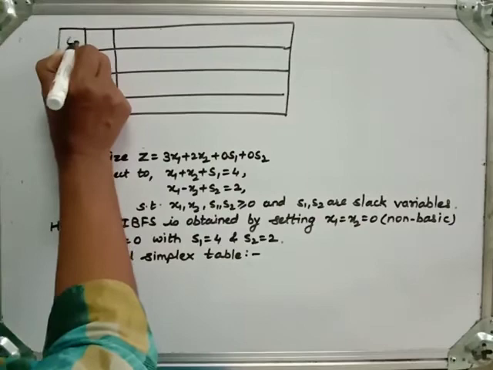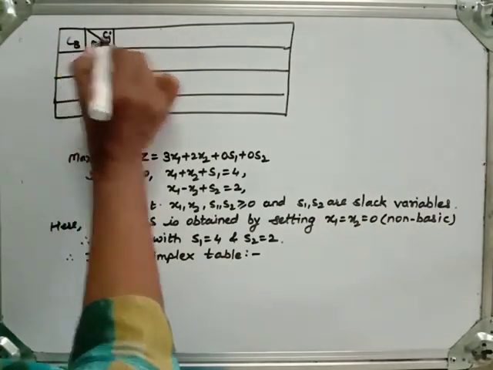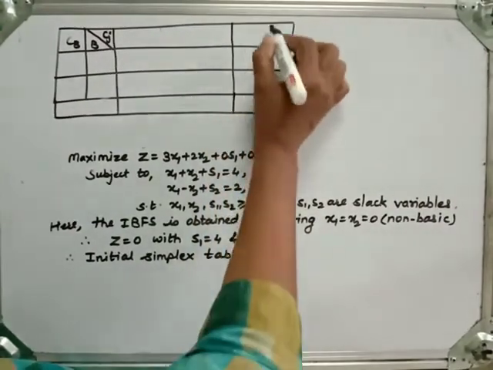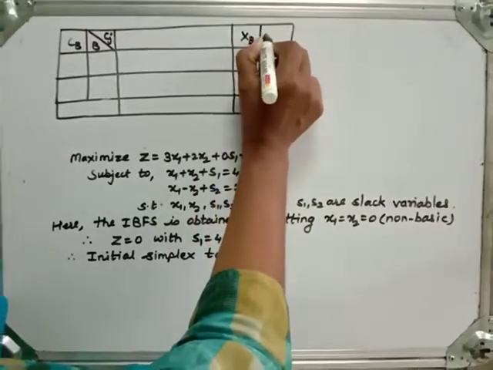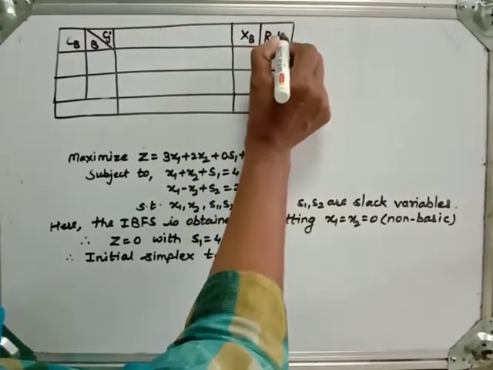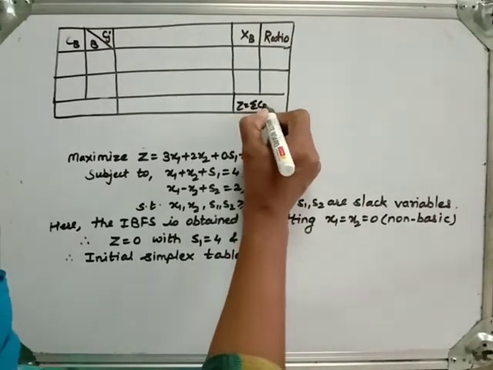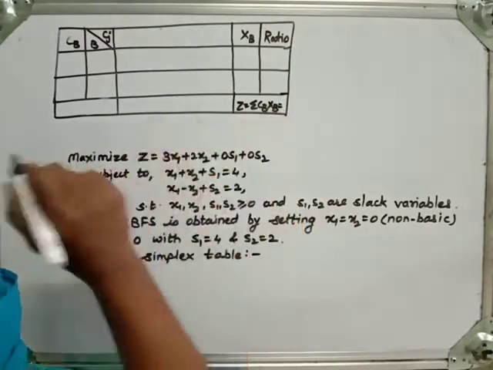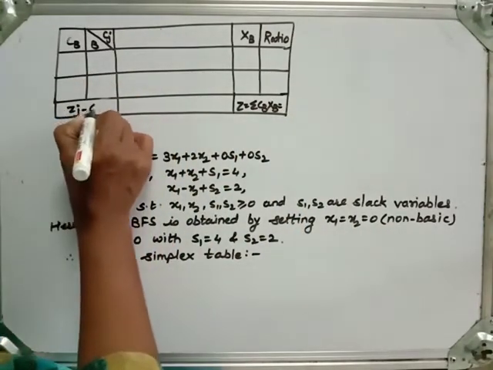Here CB, Cj, B, XB, ratio, and Z is summation CB into XB.